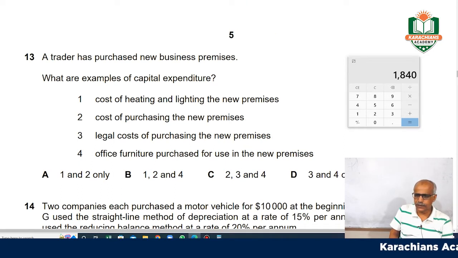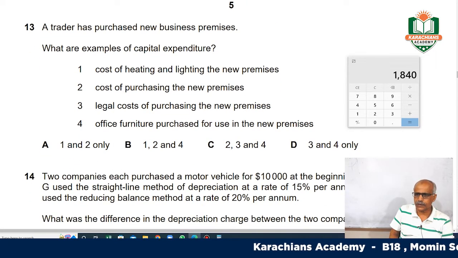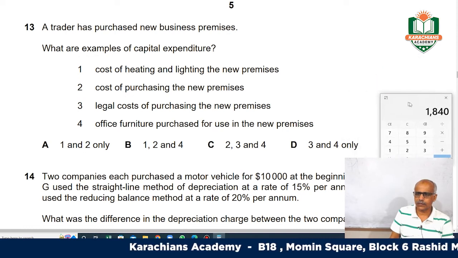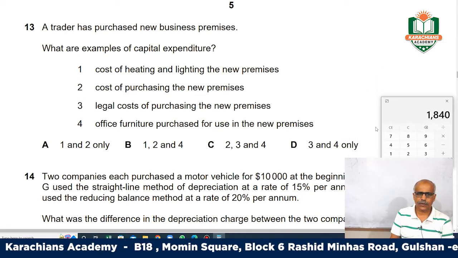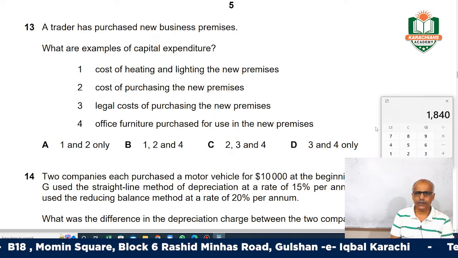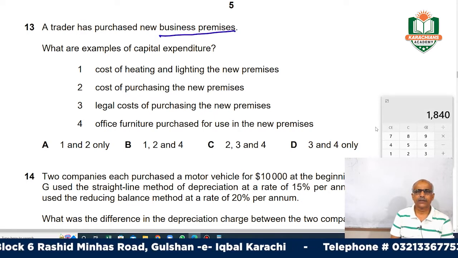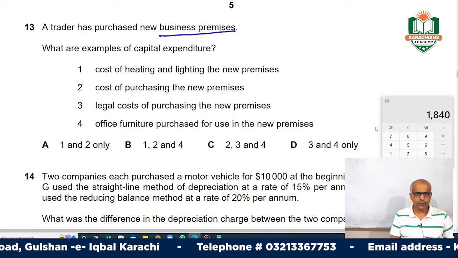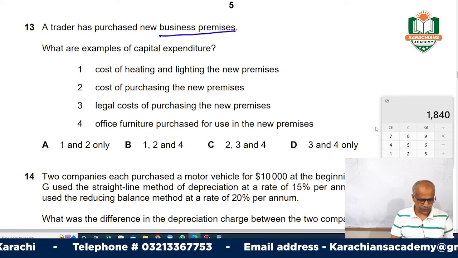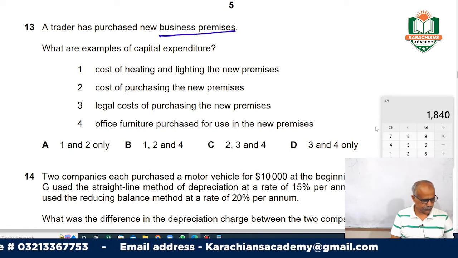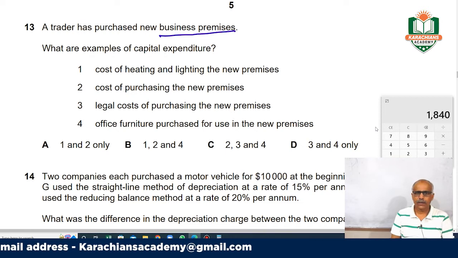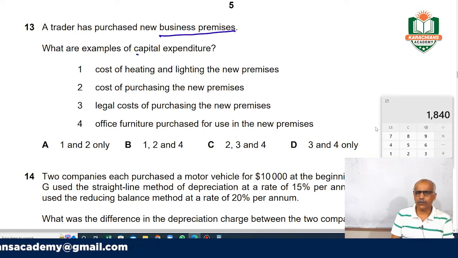What does question 13 say? A trader has purchased a new business premises. What are the examples of capital expenditure? Very simple question.